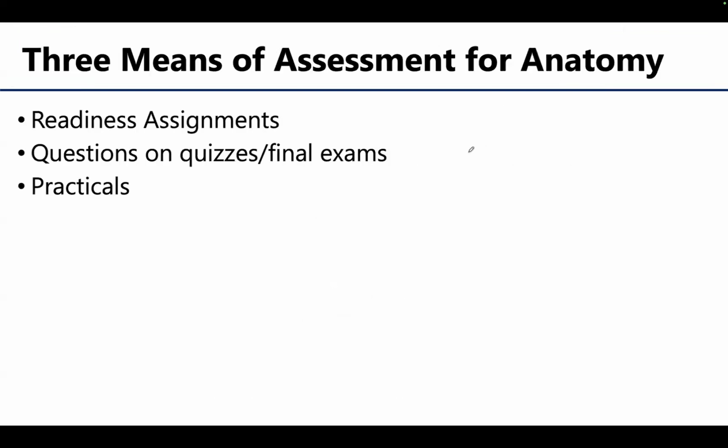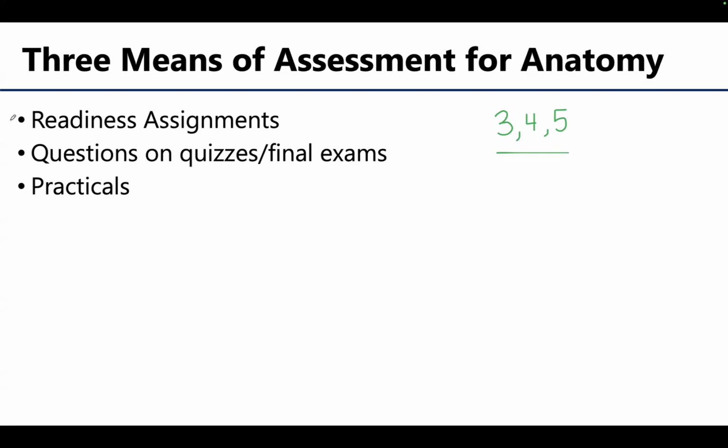In a typical block, so in anatomy's case, typical blocks are blocks 3, 4, and 5. We'll talk a little bit more about block 2 in a moment. In these typical blocks, there are going to be three main types of anatomy assessment.